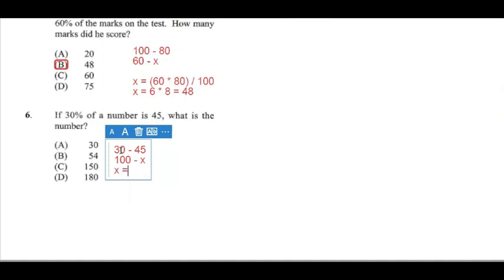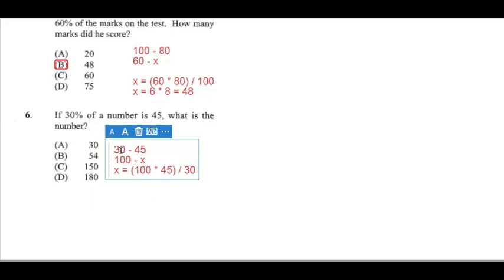So we cross multiply to solve for x. So therefore, x is equal to 100 multiplied by 45, and all of that is divided by 30. So we can cancel the 0 from the 30 with one of the zeros from the 100, and that will leave us with 10 multiplied by 45 divided by 3. But we can also cancel the 45 with the 3.